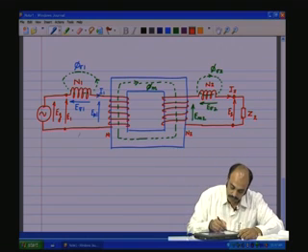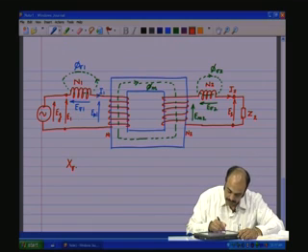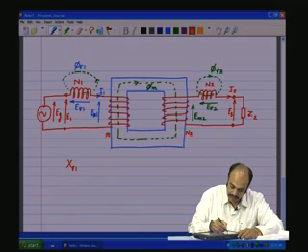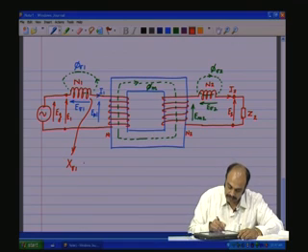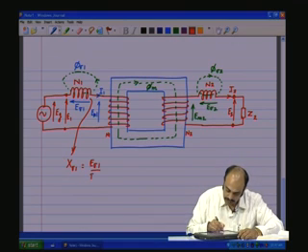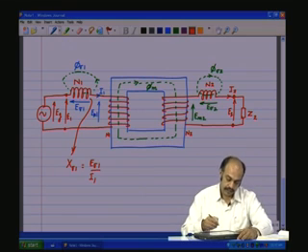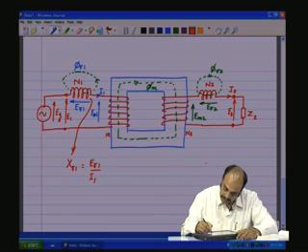Therefore, here you have X sigma 1, the leakage reactance on the primary side, which is equal to E sigma 1 by I1, and on the secondary side the leakage reactance is equal to E sigma 2 by I2.